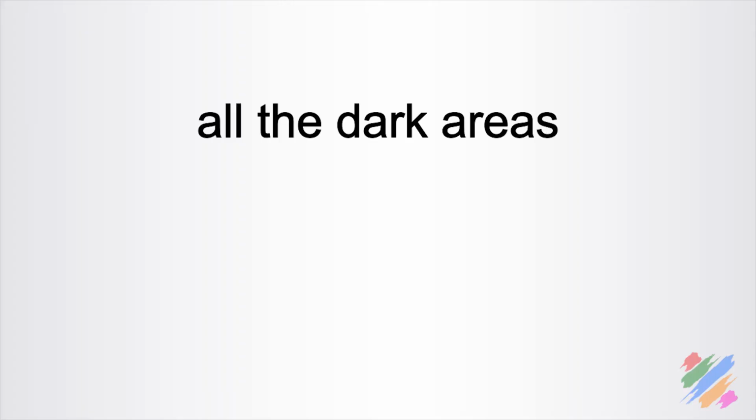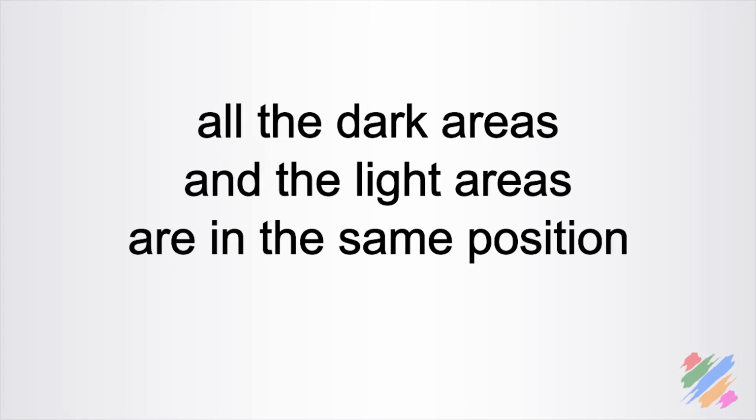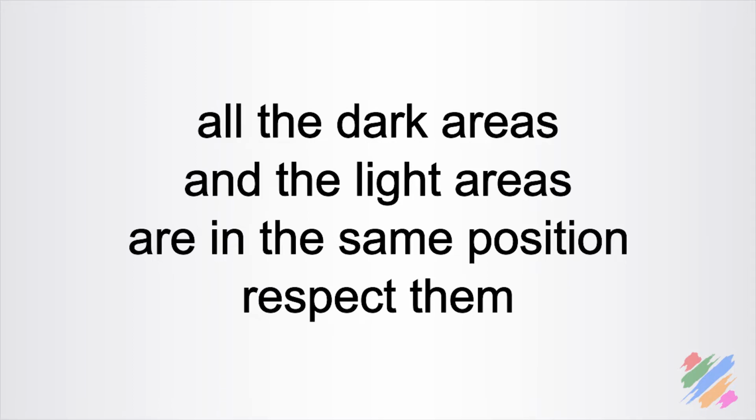The last thing that we have to notice before we start painting this subject is that if we take the peaks of the silk waves as reference, all the dark areas and the light areas are in the same position with respect to them.